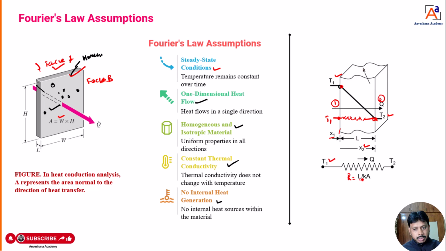What is L here, dear students? The thickness of the material. What is K? Thermal conductivity of the material. What is A? The area of the plate which is perpendicular to the direction of heat flow. These are the assumptions which are made before giving the statement of Fourier's law.